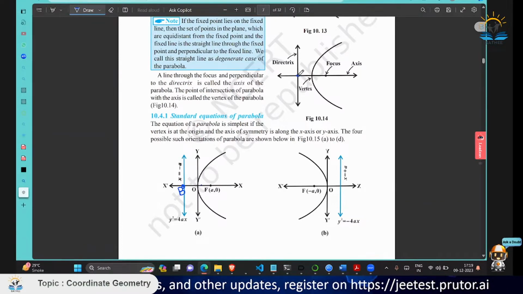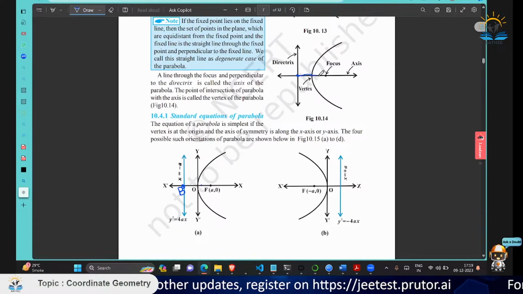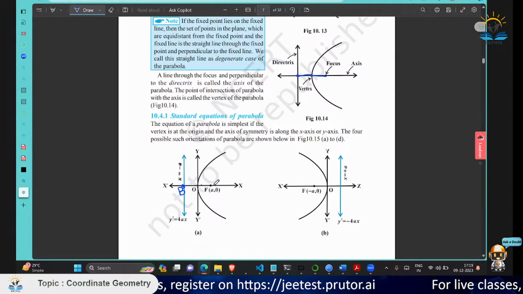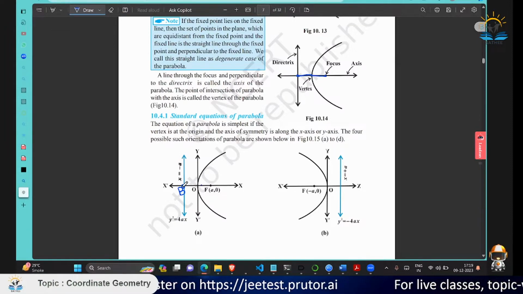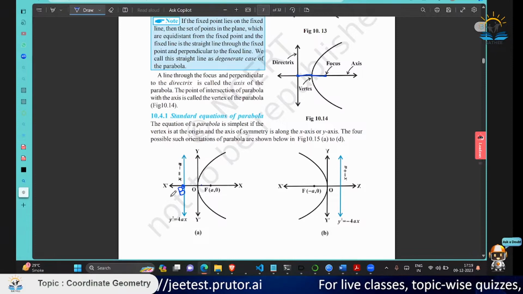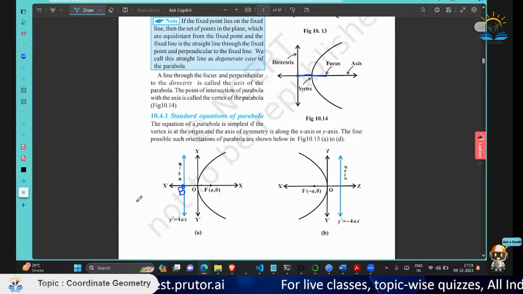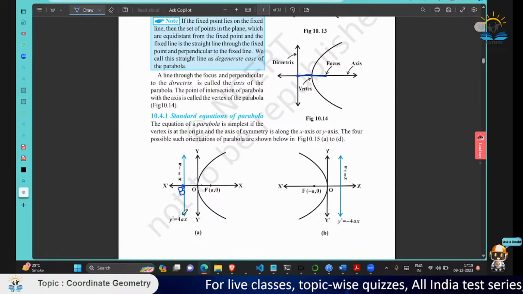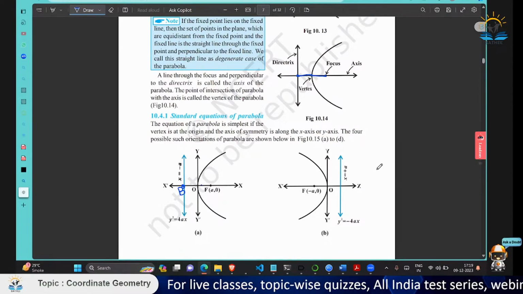This point to this point distance is equal to this point to this point distance. So if this point is the origin, this is a comma 0, then this point is minus a comma 0. And since this line has to be perpendicular to the x-axis, because the axis of the parabola is nothing but the x-axis, this directrix is nothing but x equal to minus a.